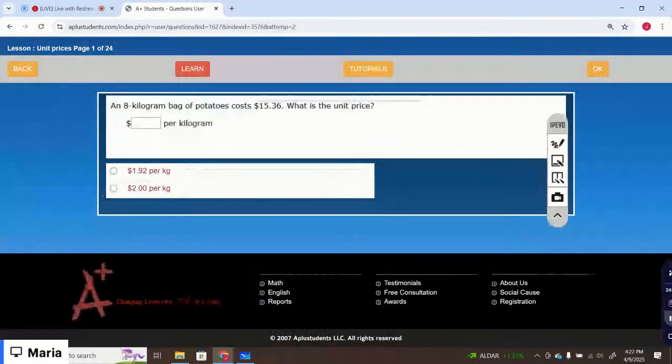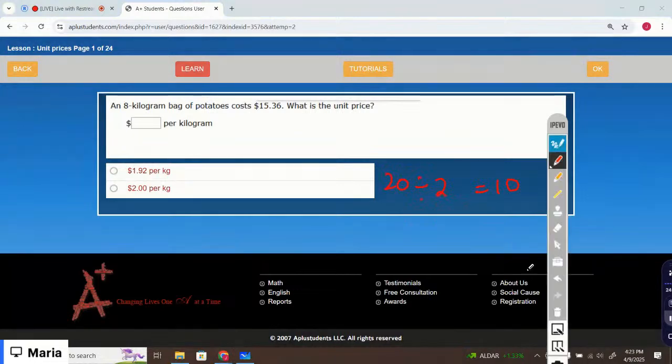An 8 kilogram bag of potatoes costs $15.36. What is the unit price? Unit price means you're going to calculate the price of a 1 kg bag of potatoes, right? So you have to divide 15.36 by 8 just to calculate the price per kg of potatoes, right?